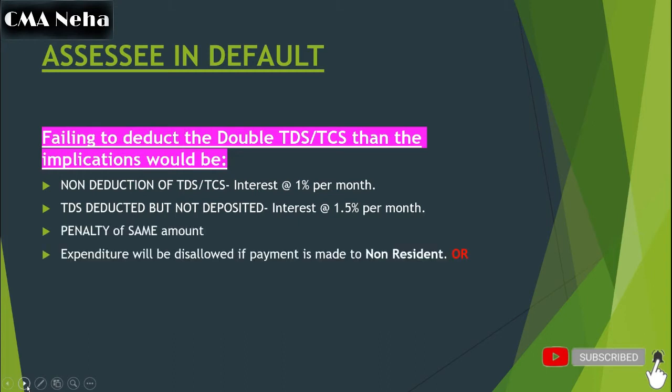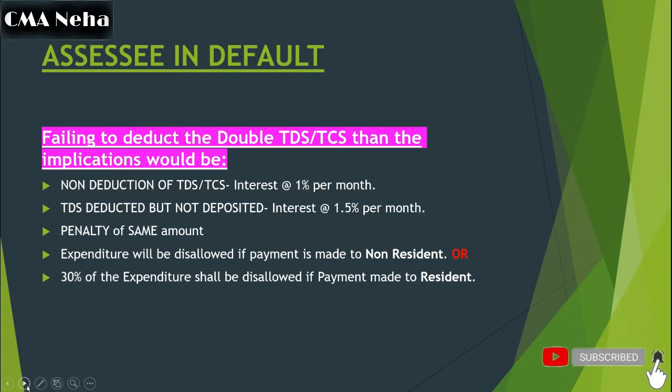And thirdly, expenditure will be disallowed. Means if you have paid the expenditure, आपका जब income tax calculation होगा PGBP का, वहाँ पे this particular expenditure will be completely disallowed if you have made the payment to the non-resident, and 30% will be disallowed if you have made the payment to a resident payee.